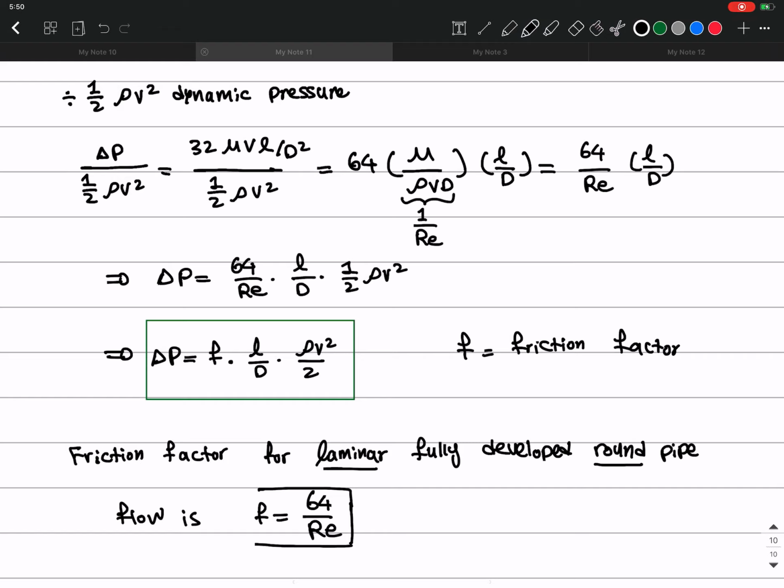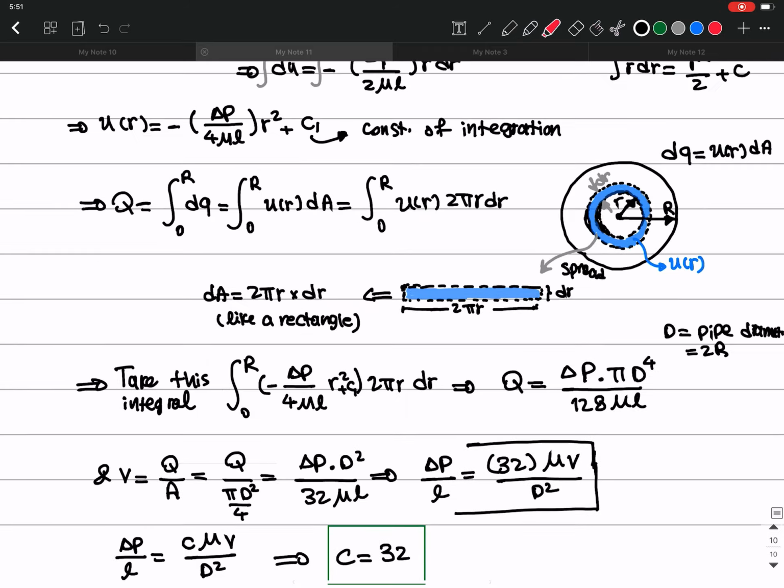In the next lecture, we will go through pipes for turbulent flows, and those are more commonly used in engineering applications. We don't typically have laminar flows. Usually the flows are high, which might lead to turbulence. But sometimes we actually want to design pipes in a laminar regime to decrease friction in the system.